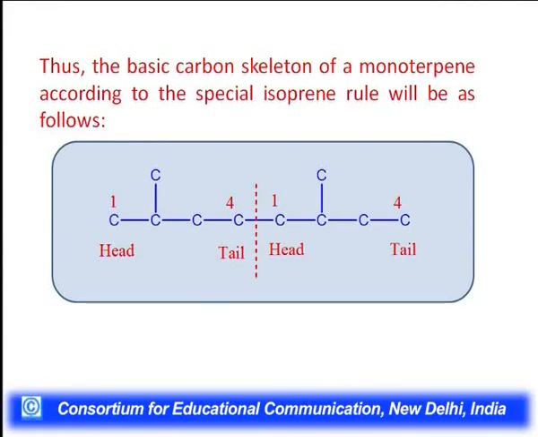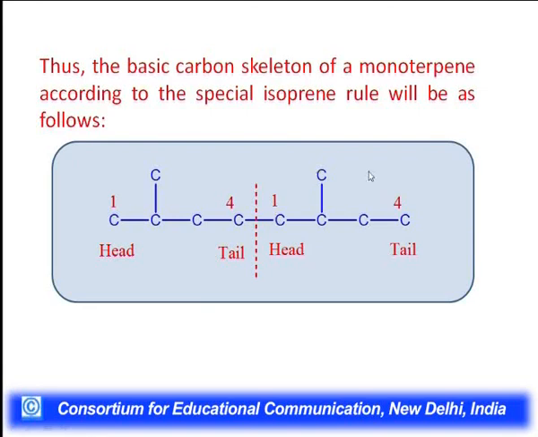Thus, the basic skeleton of a monoterpenoid, which contains at least two isoprene units according to the special isoprene rule, will be shown like this. We have shown you the structure here. This is the first isoprene unit, and this one is the second isoprene unit, and this branching end of the isoprene is termed the head, and this unbranched part of the isoprene is the tail part.